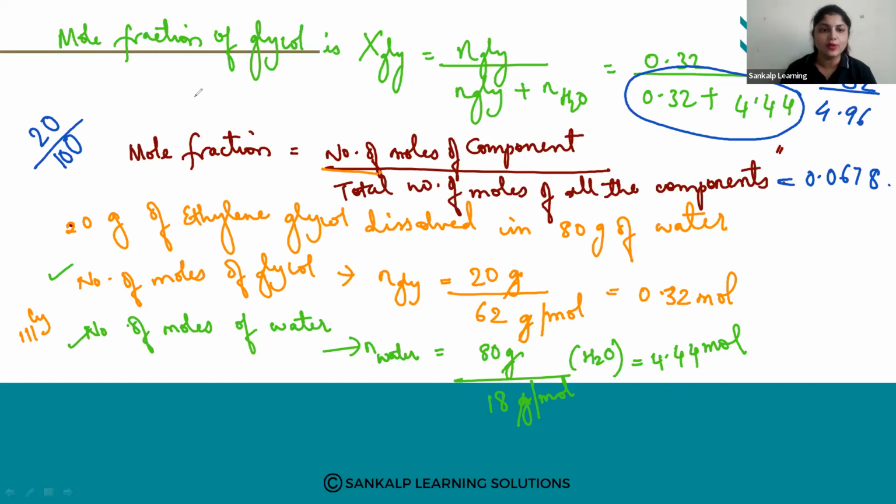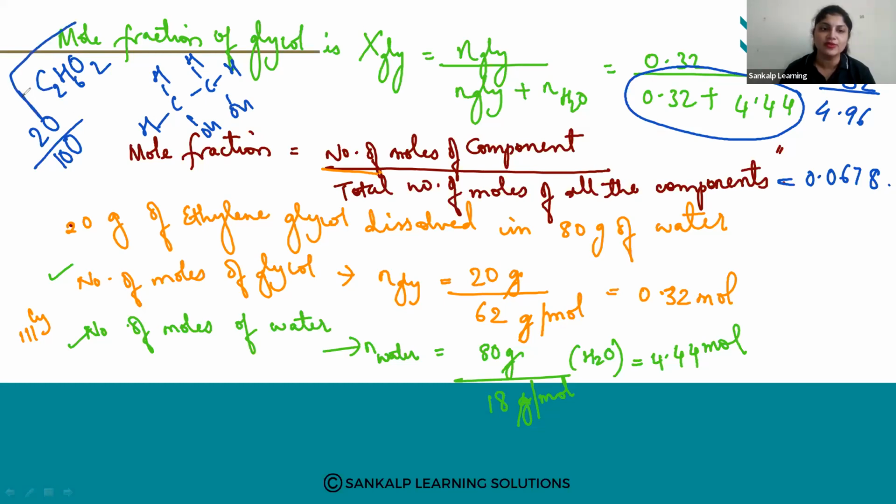Ethylene glycol, don't take it as C6H6O2. I had given the formula, right? You cancel it from there. The formula I had written, CH2OH, CH2OH. So how many carbons are there? C2, H 1, 2, 3, 4, 5, 6, H6 and O2.